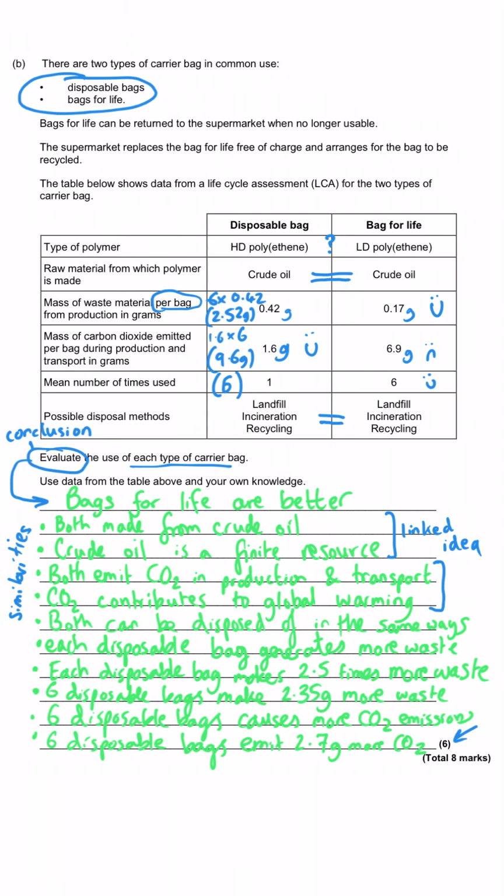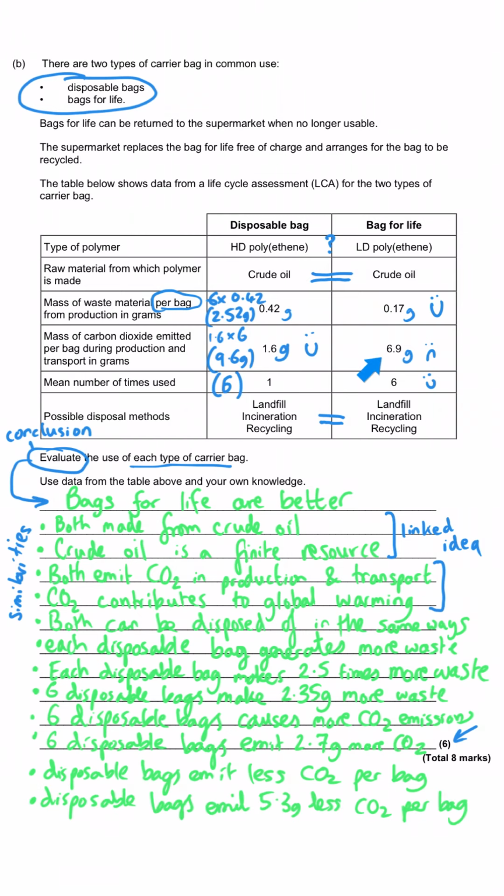Now, supposing you wanted to argue that disposable bags were advantageous, it was a good thing to use disposable bags, well, we could say that they cause less CO2 to be emitted, because 1.6 is less than 6.9. And in fact, we could show off there again by using the data and say that this is 5.3 grams less CO2 per bag.